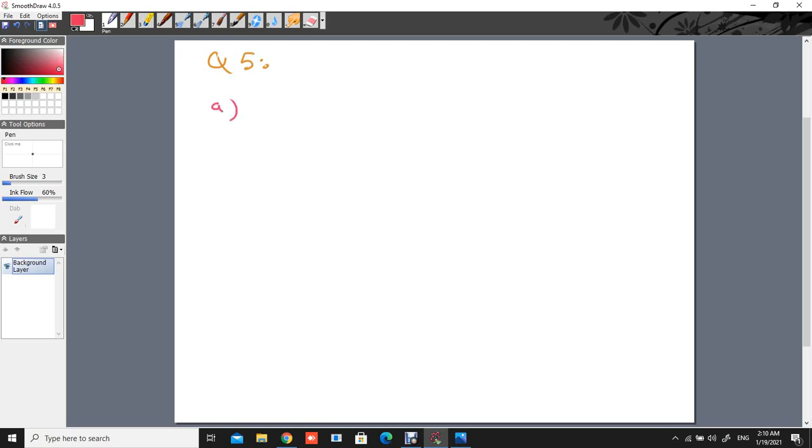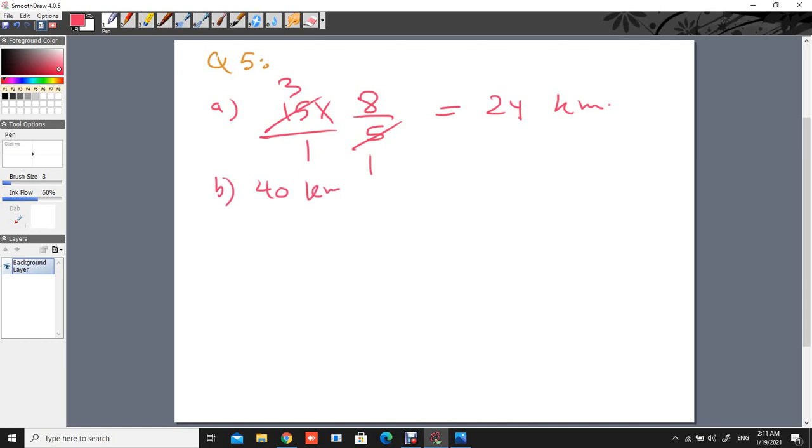A, 15 miles times 8/5 over 1, which is 5 by 5 is 1, 15 by 5 is 3, 3 times 8 is 24 kilometer. Now for B you will get 40 kilometer, and C 88 kilometer. This is for question 5.